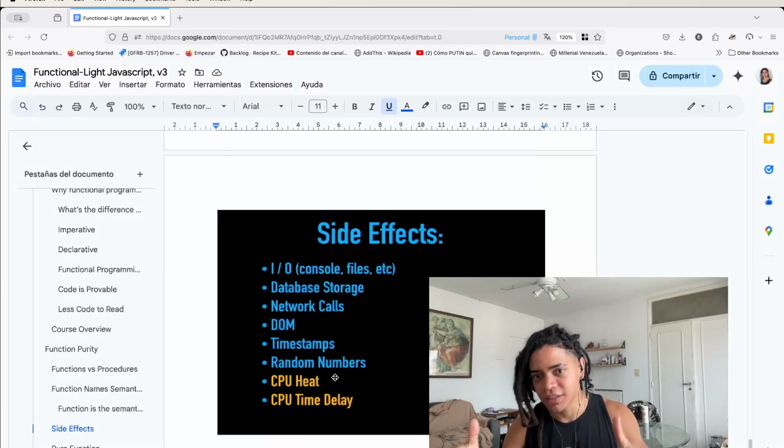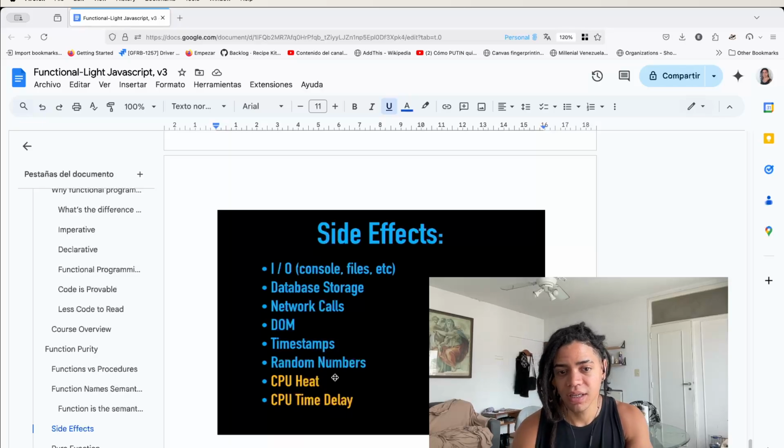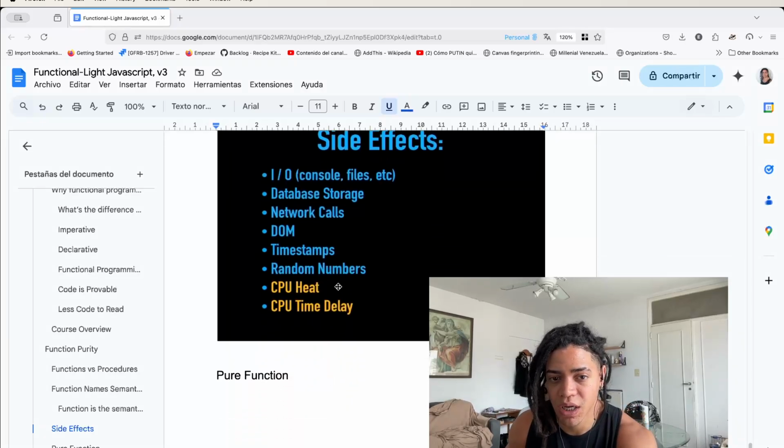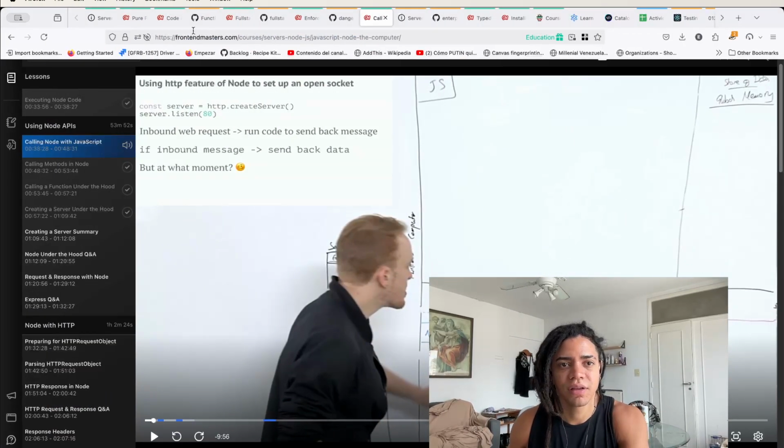So the computer sense is, well, the input and output, so communicating with the console, log files, a database or another computer, the DOM, timestamps, or random numbers, and even CPU time delay. So let's get into that.